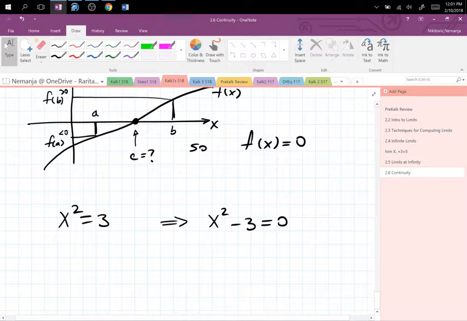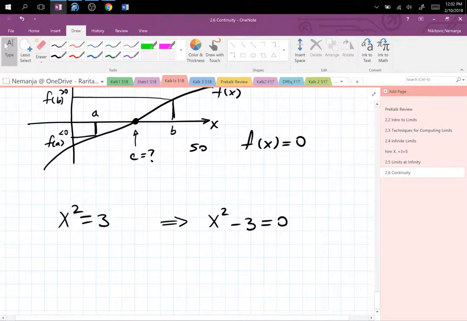Now, do we all quickly agree that the answers are negative root 3 and positive root 3, so we know what they are, right? But let's say we don't, and you want to figure out the decimal answer to this. What are we going to do?